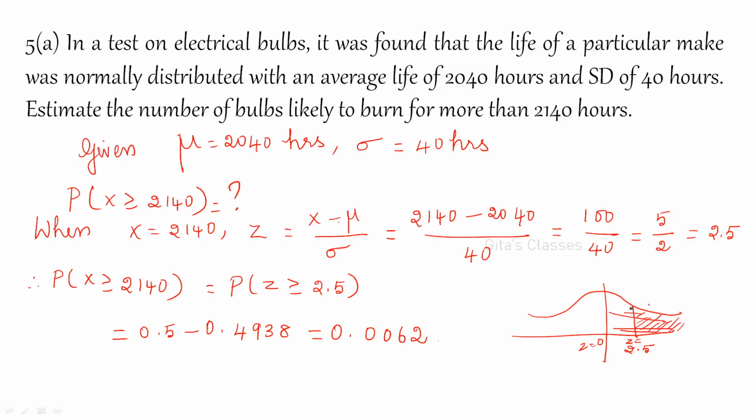Why are we taking it like that? In the table we have only this part, so all the regions you have to express in terms of this region. Or using the calculator you can find this directly. I have explained in my classes how to use the calculator for the normal distribution, and also without using the calculator. You can go through that. So this is the answer.